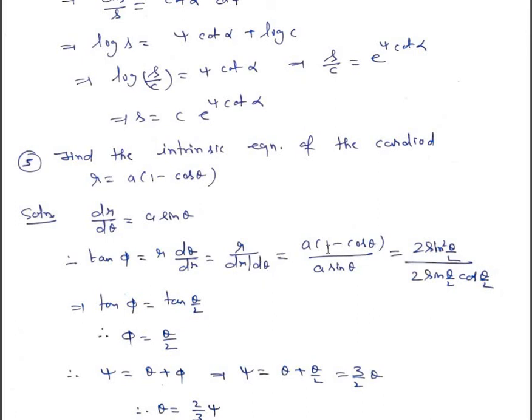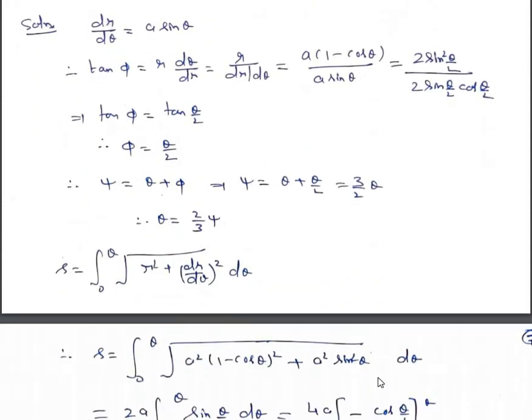Substitute the value, so we have a into 1 minus cos theta upon a sin theta. 1 minus cos theta is 2 sin square theta by 2, sin theta is 2 sin theta by 2 cos theta by 2. So therefore tan phi is equal to tan of theta by 2. That means phi is equal to theta by 2. Now make use of this relation, psi is equal to theta plus phi. So therefore psi is equal to theta plus theta by 2, which is 3 upon 2 theta.